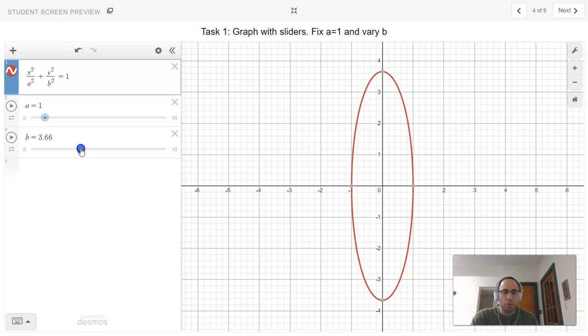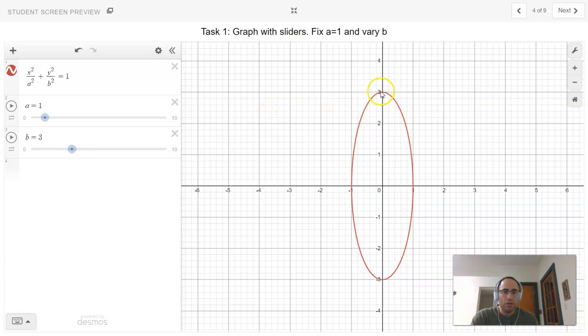Now watch those points. See how they're changing? When b is 3, what is this point? 0, 3, 0, -3. So that's what happens when b varies and a is held fixed. This is going to be stretched vertically, the graph that is. So we have an ellipse, like so.